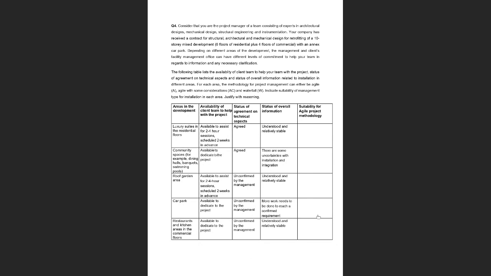In both of these situations, the client has time available to dedicate to these two areas of development. So it is going to be agile, but there are some technical aspects that are unconfirmed. So this can be agile with some consideration when the technical details are not quite worked out.